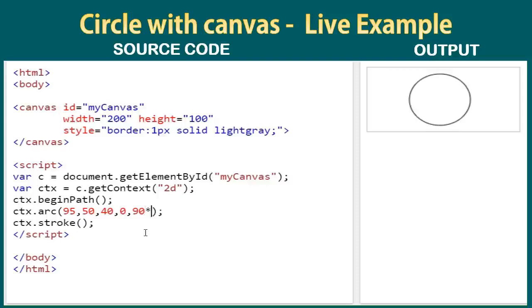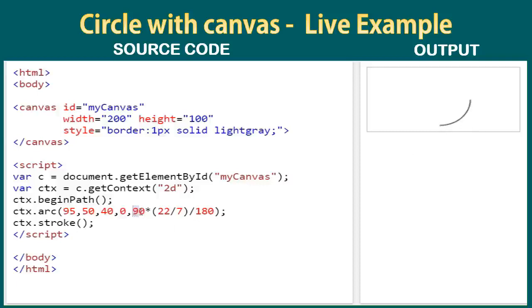For the value of pi, you can use Math.PI or you can use 22 by 7. Now we have converted to radians. So one more closing bracket is required. Now if we run this, you can see the arc starts from 0 degrees and ends at 90 degrees.